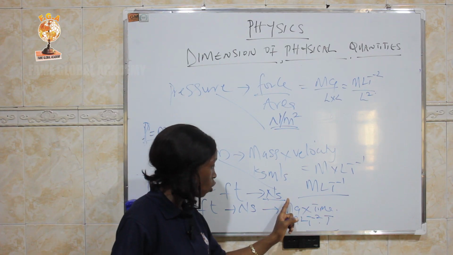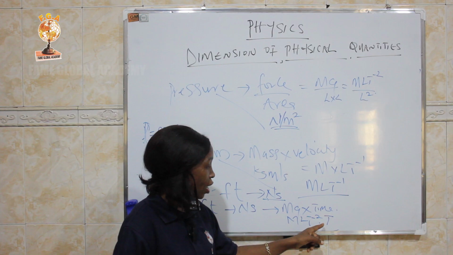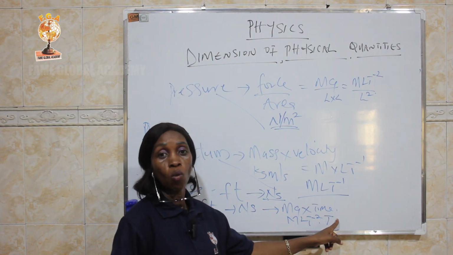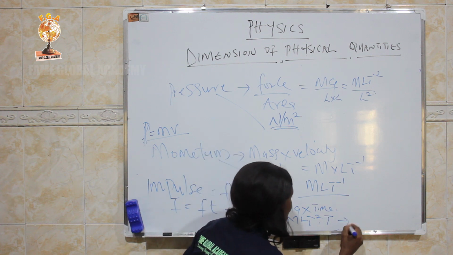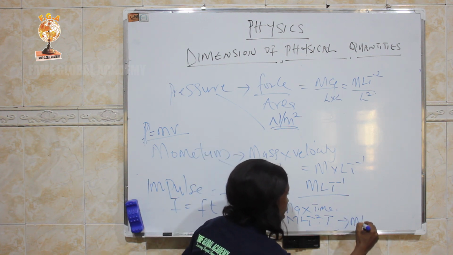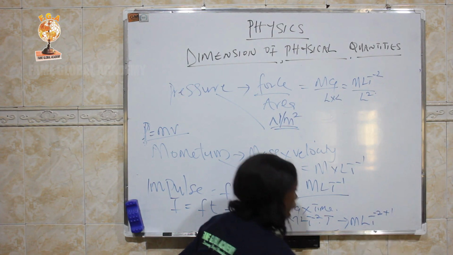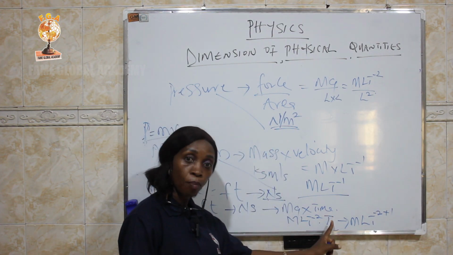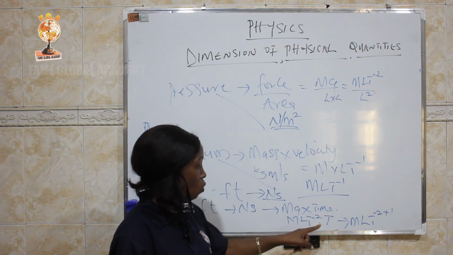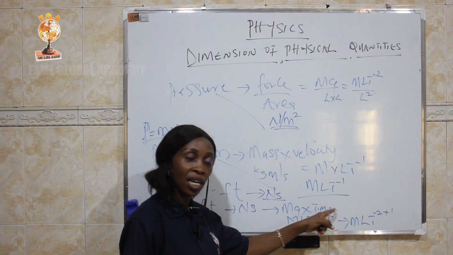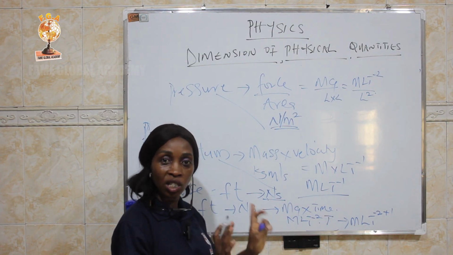So M is 1, L is 1, T is minus 2, then T here is also 1. So this becomes M, L, T minus 2 plus 1, because it's 1 and it's a positive sign. I'm not carrying it up, it's already up. If it was down, when I take it up, it becomes a minus sign. Now it is up there, so I'm not doing reciprocation.